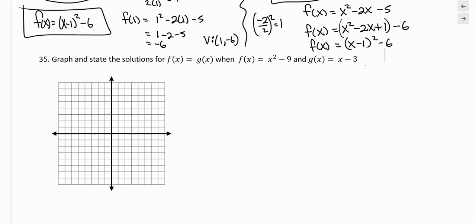35. I want to graph and state the solutions for when f of x is equal to g of x. So if we graph f of x, we have a vertex at 0, 3, 0, negative 9.